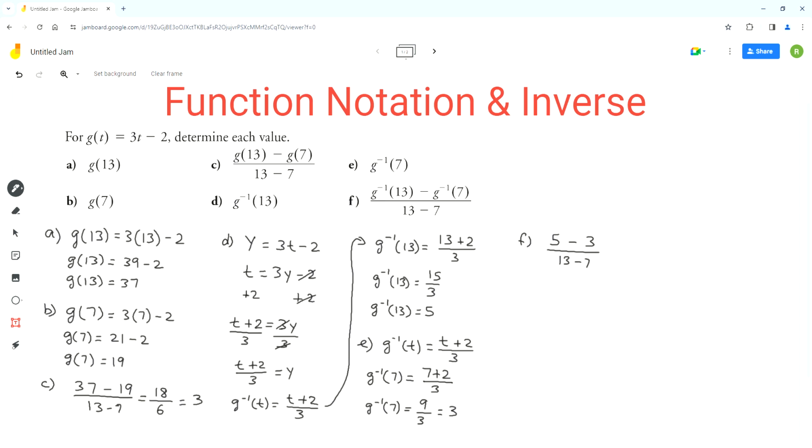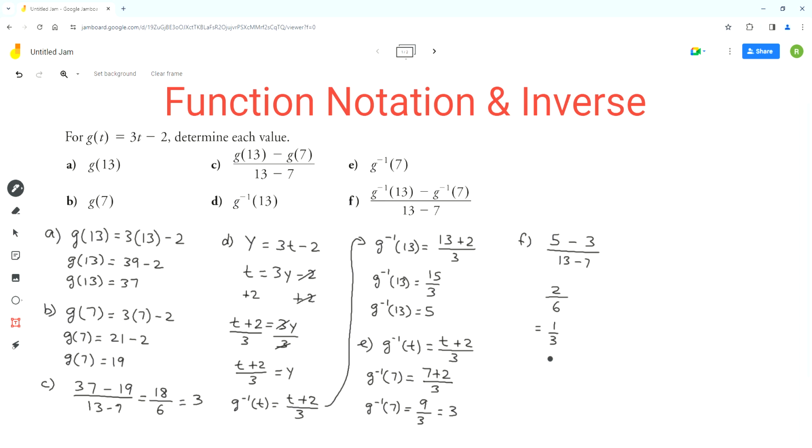Now in the numerator, we can subtract the numbers. So we get 2, and in the denominator, we get 6. And this fraction can be reduced to 1 over 3. So this should be the final answer for part F.